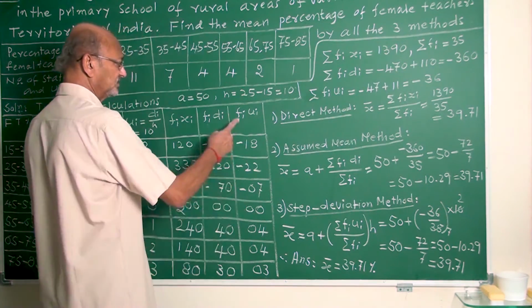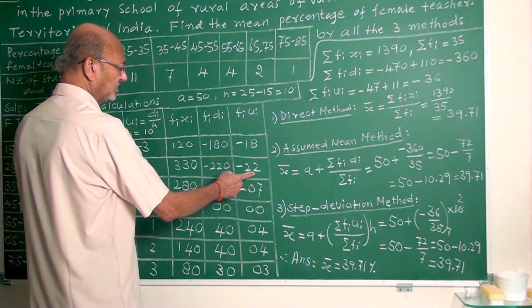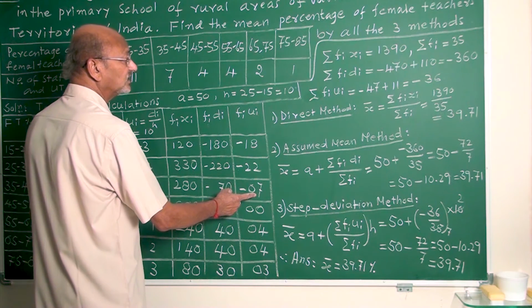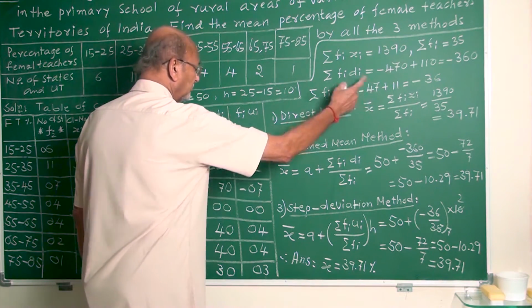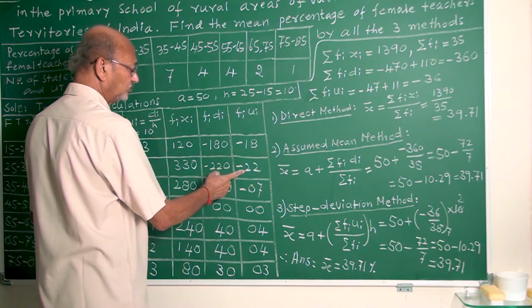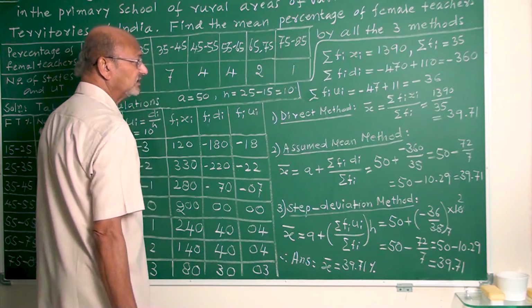Last column, add all these. Minus 18, minus 22, minus 7 is minus 47, plus 4, 4 and 3 is plus 11.